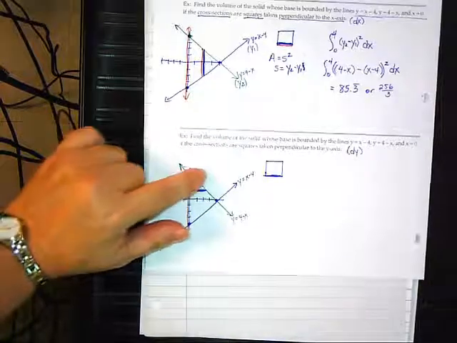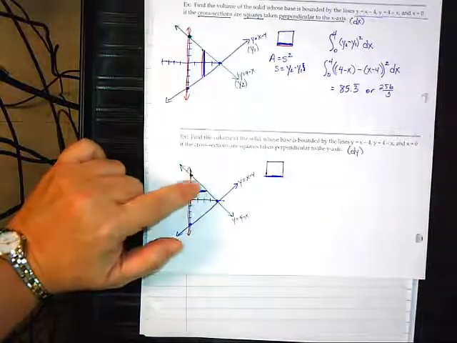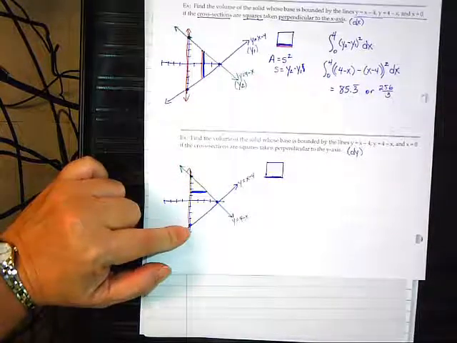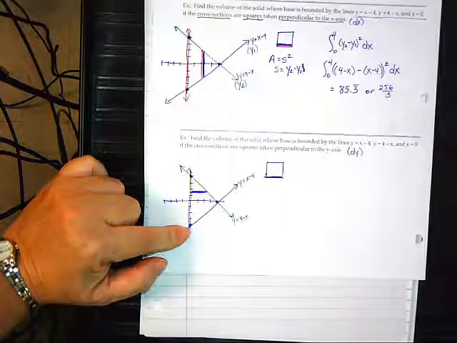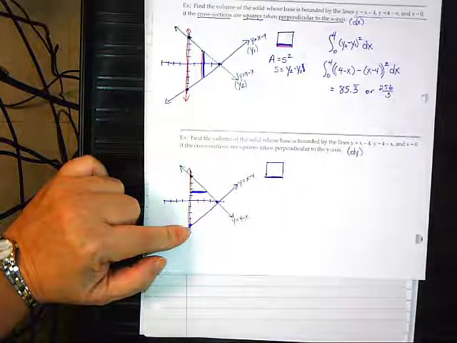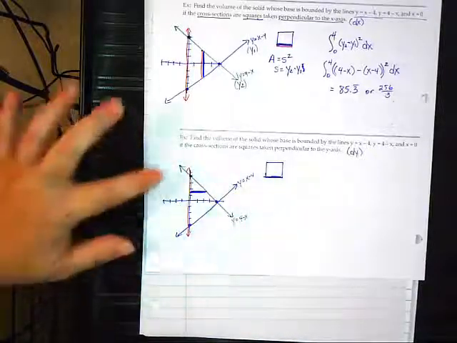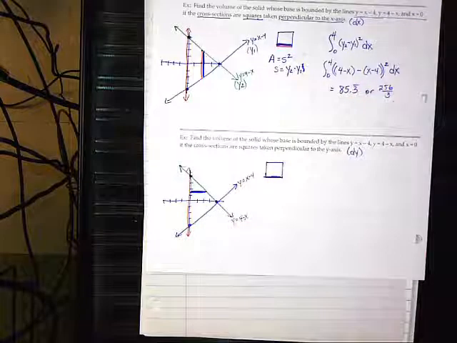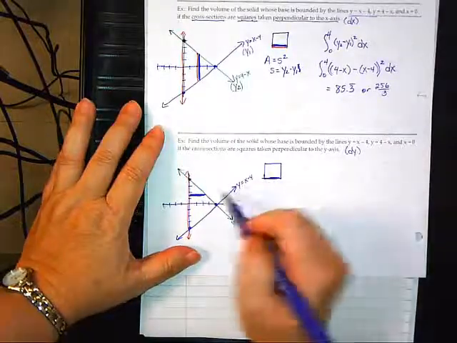Because the squares touch the green line until I get to the x-axis, and then they touch the purple line, if I do the volume of the whole thing, I'm going to have to do 2 separate integrals. But because I know that it's symmetrical, I can actually do 1 integral for just the top line and double it. Okay? So that's what I'm going to do for this problem.